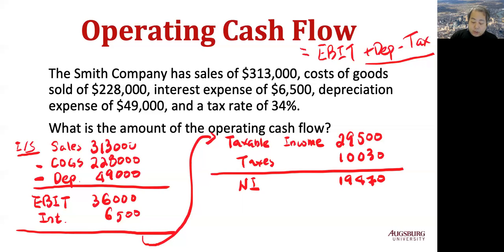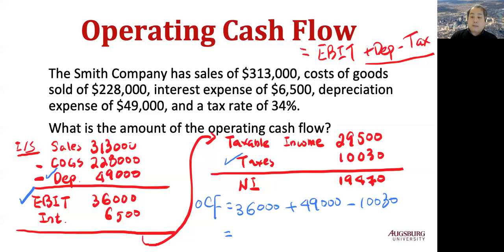From this information, we only pick the one that we need. So first we need EBIT, right? Second one, we need this depreciation, and third one is taxes. See, so operating cash flow equals the EBIT, $36,000, plus depreciation, 49,000, minus taxes, $10,030.